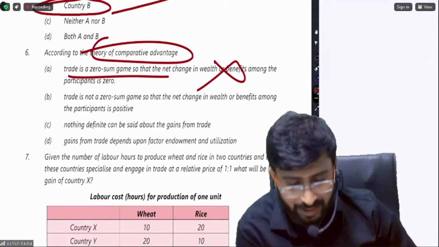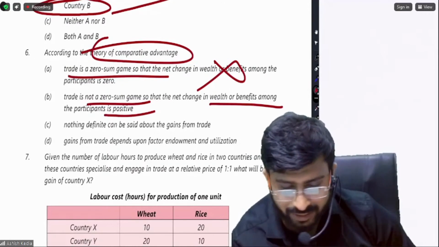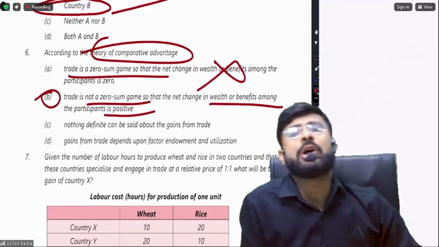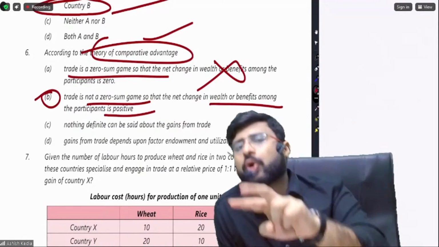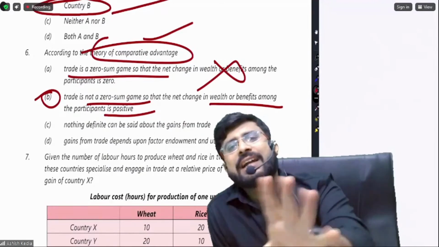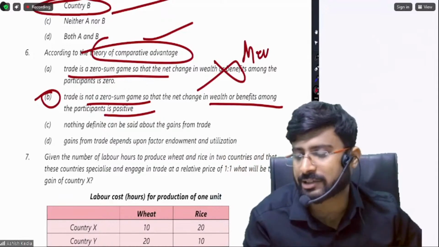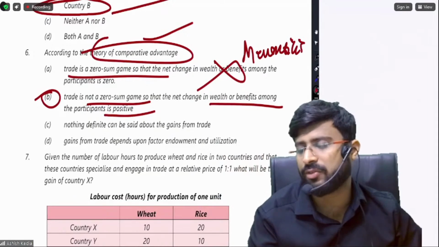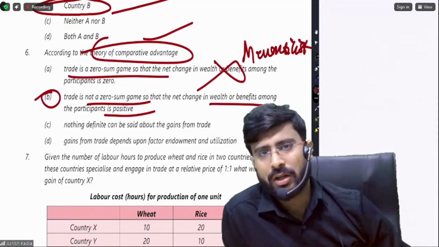Trade is not a zero-sum game, so the net change in wealth among the participants is positive. Both nations benefit. This is comparative advantage. Both benefit; it's not only that one's gain is another's loss. The mercantilist view believes that happens. That is a somewhat narrow-minded view.